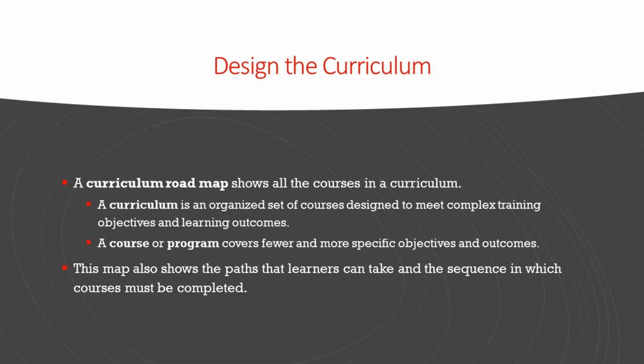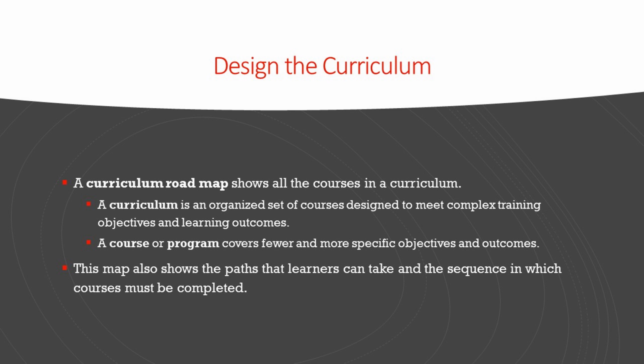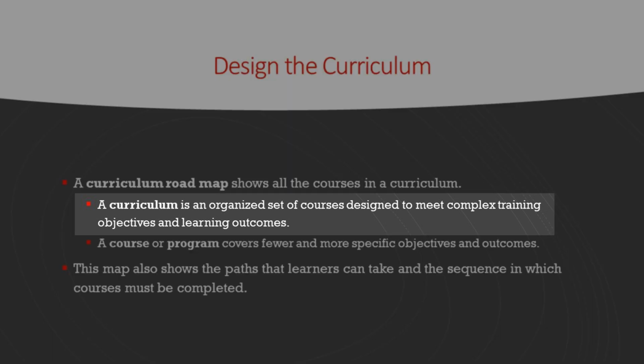Ideally, we start with a roadmap or a visual representation of the courses that will be included in a curriculum. Technically, a curriculum is an organized set of training courses or programs that collectively are designed to meet complex training objectives and learning outcomes.